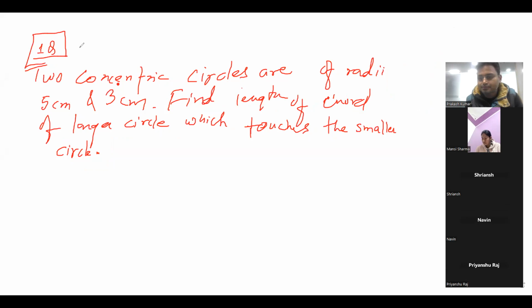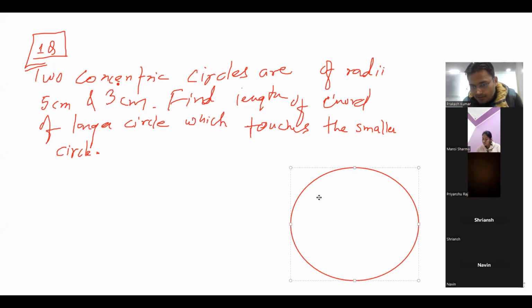Ishita? All of you can draw the diagram now. Quickly. 8 centimeters. Show me your work, bacha. Priyanshu, on your camera? Priyanshu, show your copy. There is one circle. And there is one more circle.